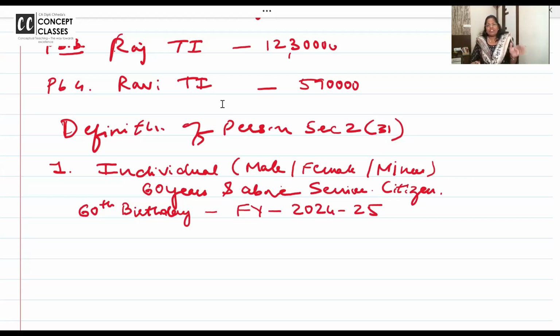Like, basic exemption is how much? I told you yesterday. Basic exemption means up to this income you don't have to pay tax. What was that yesterday? 2,50,000. So for a senior citizen, the basic exemption is 3 lakh. I'll make you write that with the slab rates.